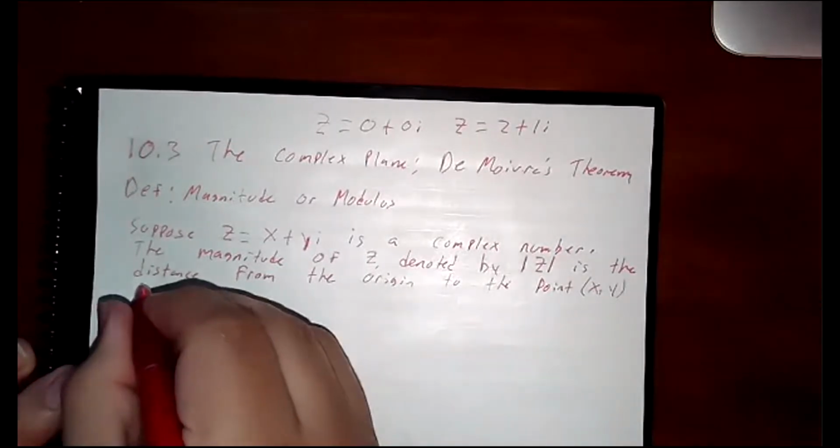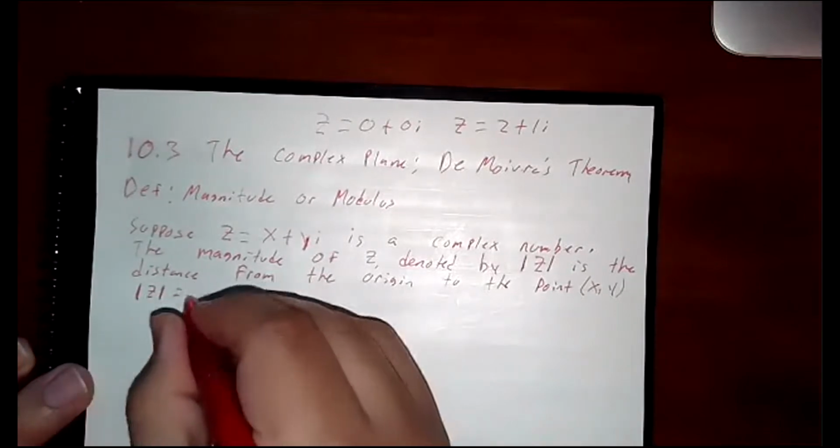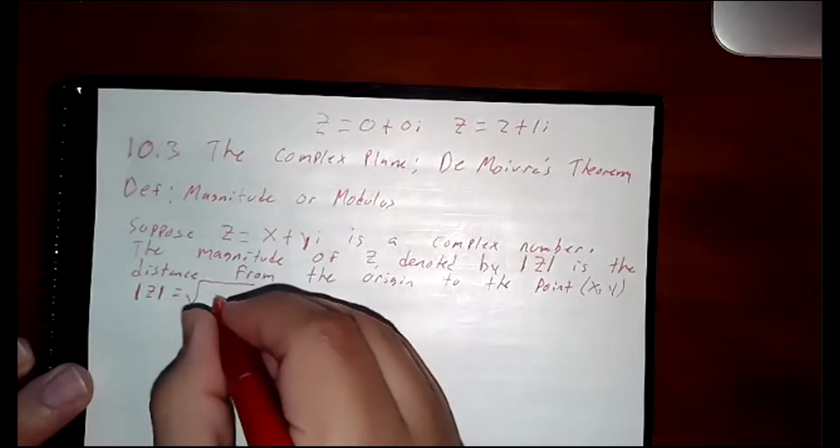So the magnitude of z is equal to the square root of x squared plus y squared.